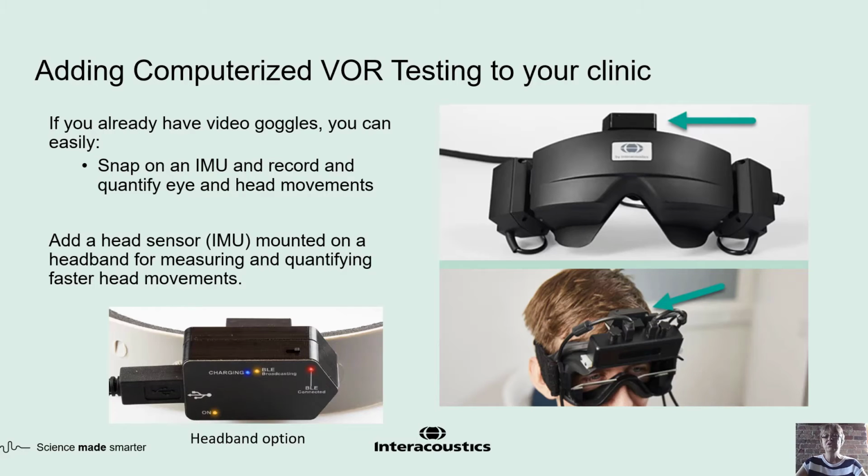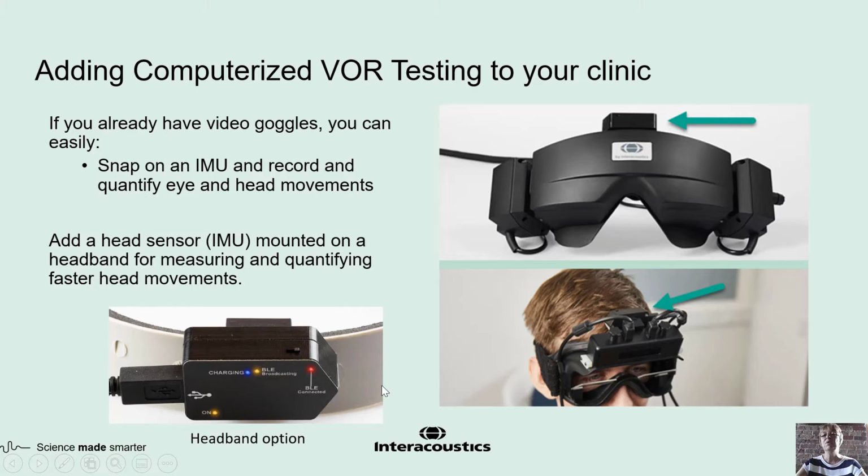In order to measure the head movements, we need this little sensor that you see there on top of the goggle. This sensor is an inertial measurement unit, so it records all the head motion data, and then it's either attached to the goggle if you're going to be measuring eye movements in regards to head movements, or it can be on a little headband, as you see in this lower picture.